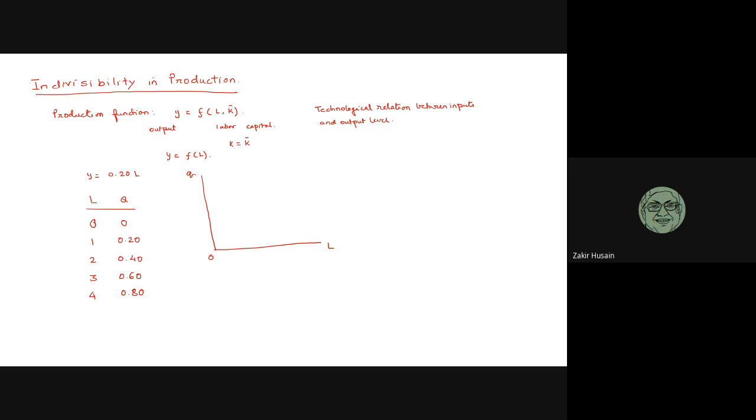I should have written it Y. So I have got 4 points over here, and this is 0.2, this is 0.4, this is 0.6, 0.8. So that means I've got 4 points.